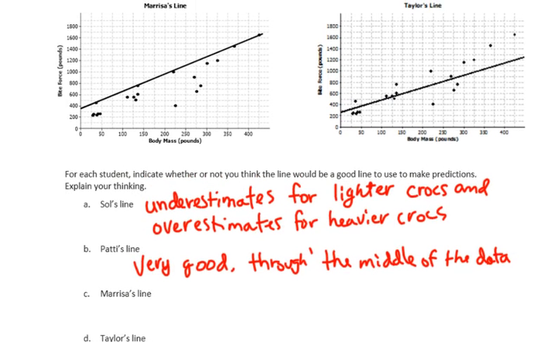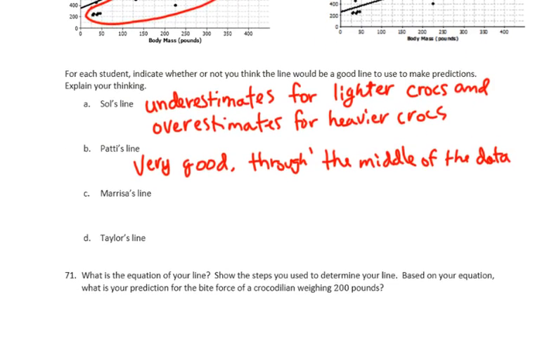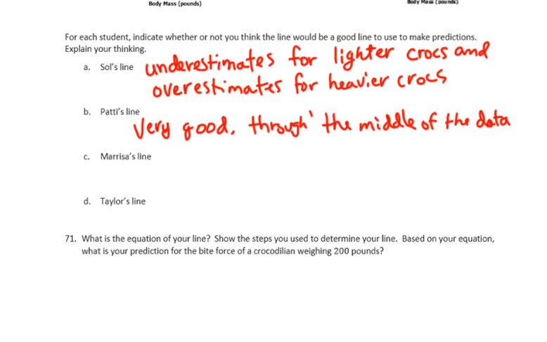Marissa's line, if you notice, pretty much her line is above all the points, which is that you don't want that either. You want to go through the middle. So Marissa's line is above all data points, or most data points.